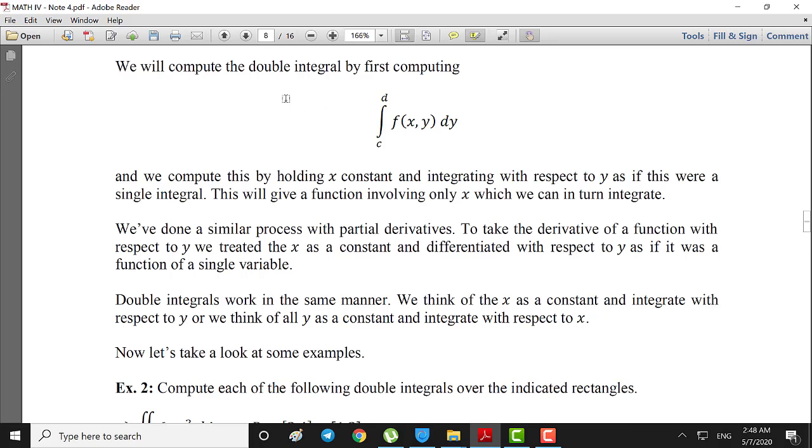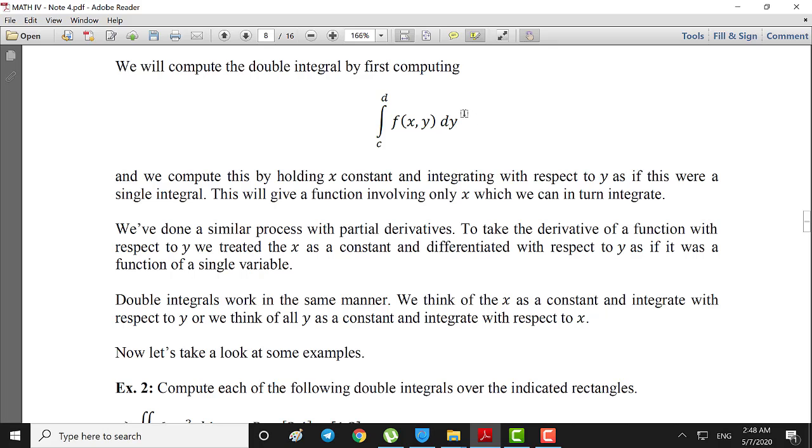So we will compute the double integral by first computing integration from c to d of f of x and y dy, and we compute this by holding x constant and integrating with respect to y as if this were a single integral.